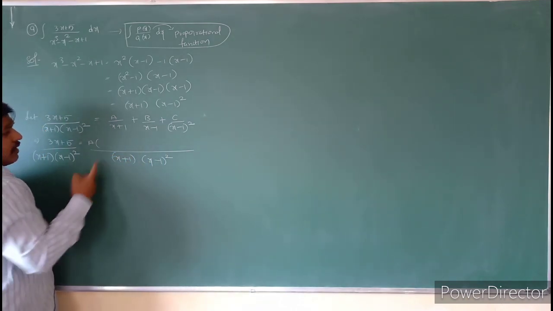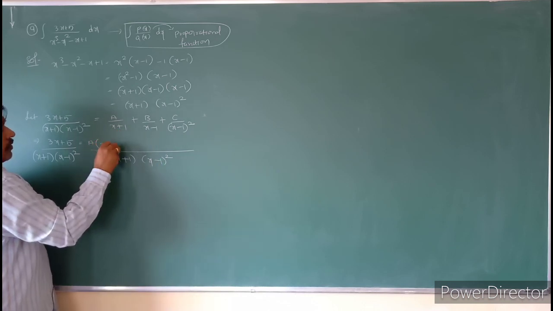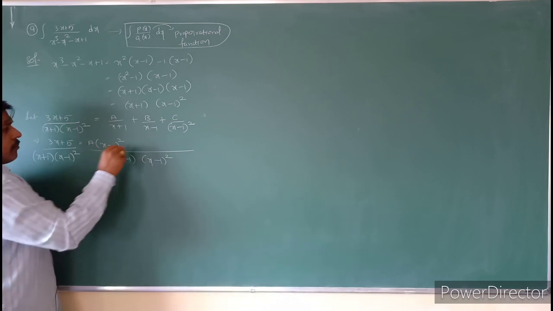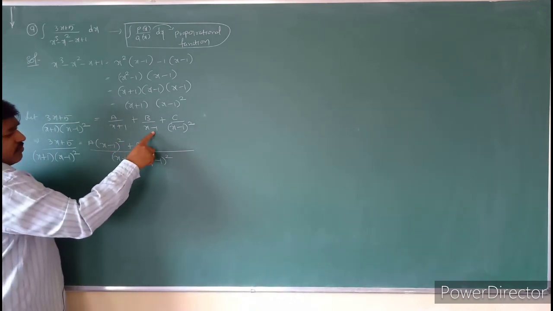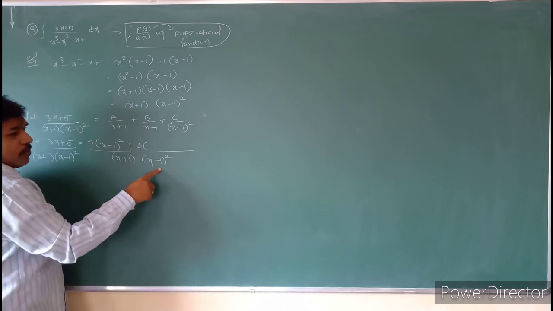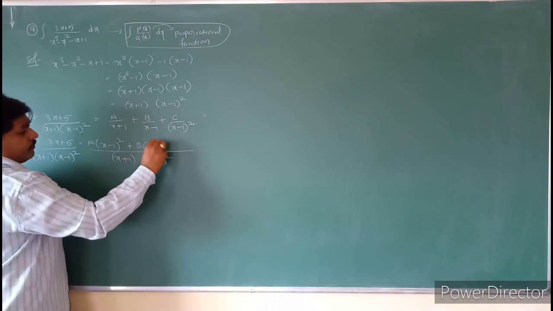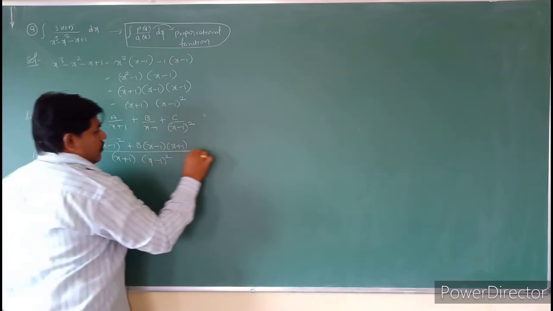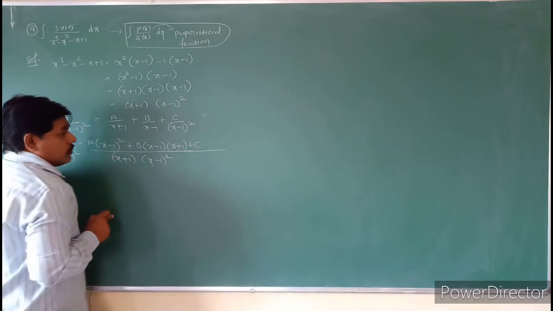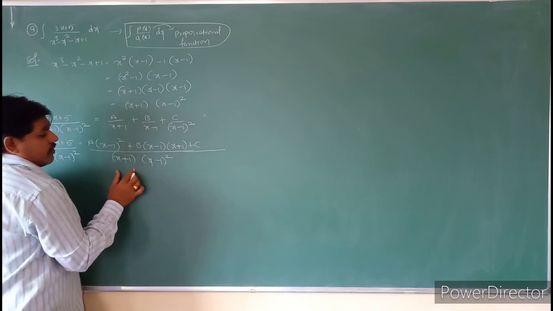What happens students, already the denominator is x plus 1, so you have to multiply with x minus 1 whole square, plus B into the denominator x minus 1. But the denominator is x minus 1 whole square into x plus 1, so what is the term you have to multiply? x minus 1 into x plus 1, plus C into, already the denominator is x minus 1 whole square, you have to multiply with x plus 1.